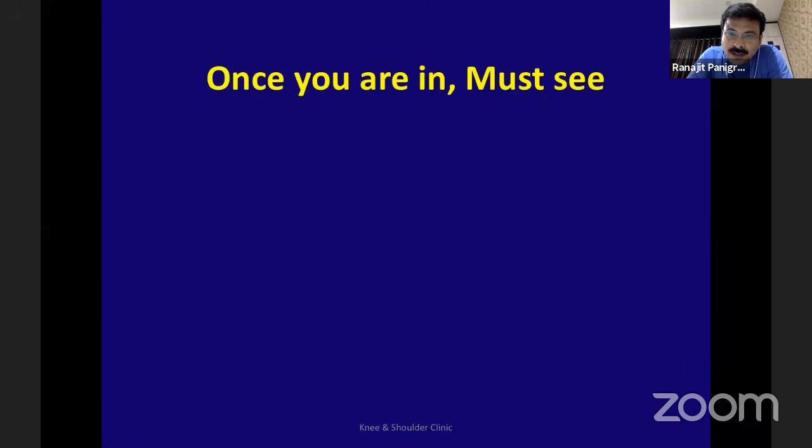Okay, right. So there is one logic to this. It's not totally illogical. If it is a routine standard arthroscopy like a meniscus surgery or a loose body removal, you make a portal in the middle of the soft spot, and anybody can make a horizontal portal.